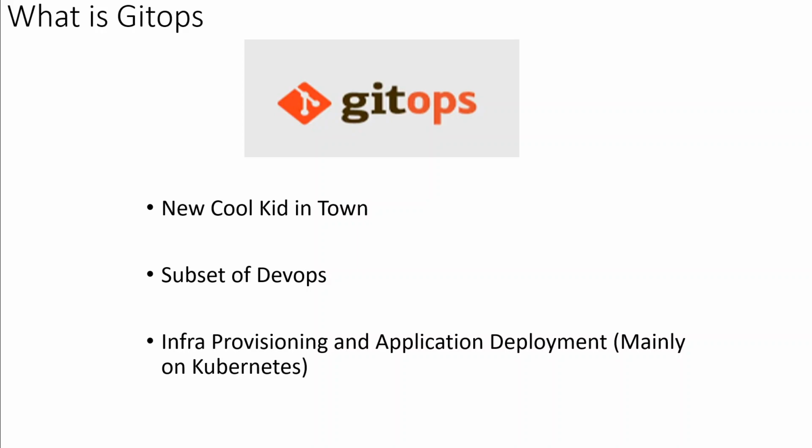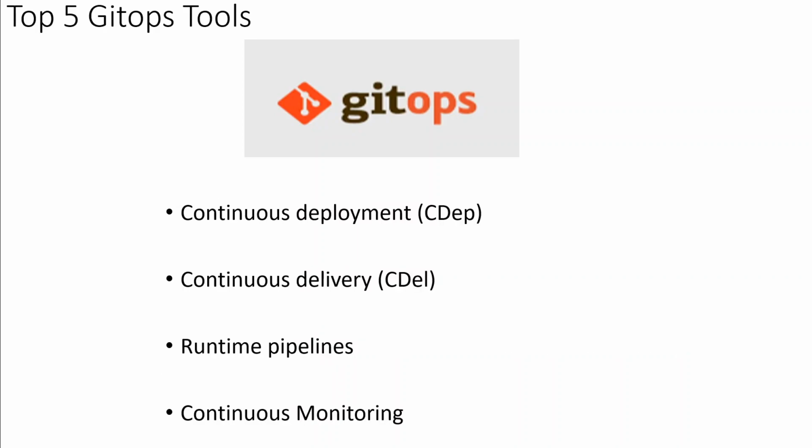Okay, so now let's have a look at what exactly these top 5 GitOps tools are. Before I delve into that, let's have a quick peek at what features these GitOps tools usually have. The first is called CD or continuous deployment.